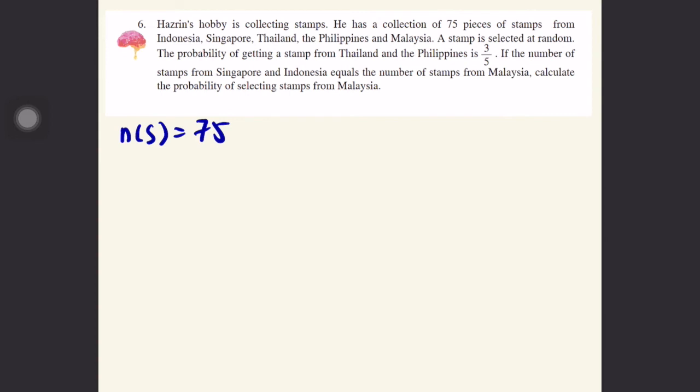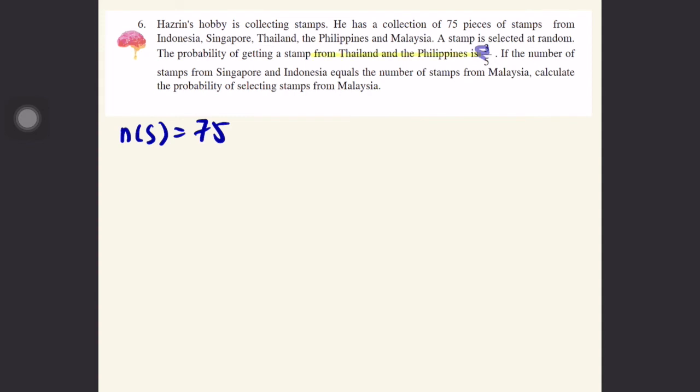If the number of stamps from Singapore and Indonesia equals the number of stamps from Malaysia, calculate the probability of selecting stamps from Malaysia.